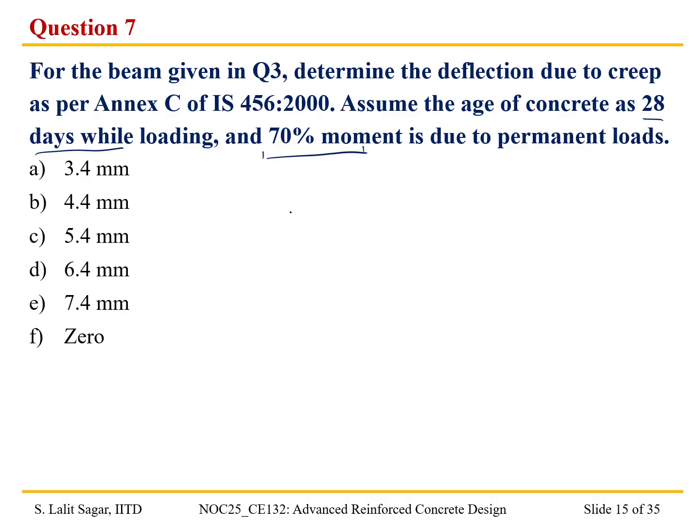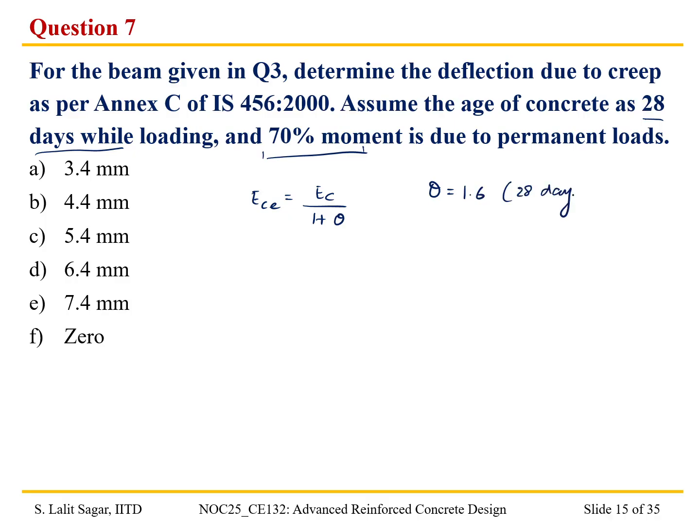So E_ce is equal to E_c over 1 plus theta. Theta is the creep coefficient, which is equal to 1.8, I believe. Oh, it is 1.6. So theta is equal to 1.6 for 28 days.